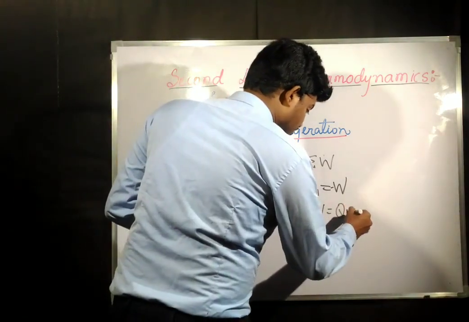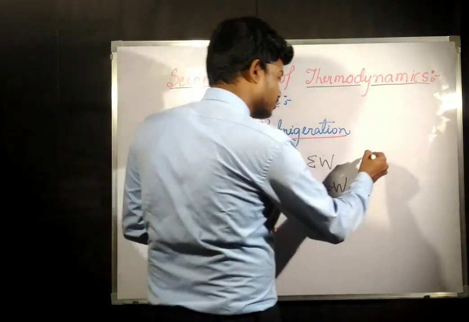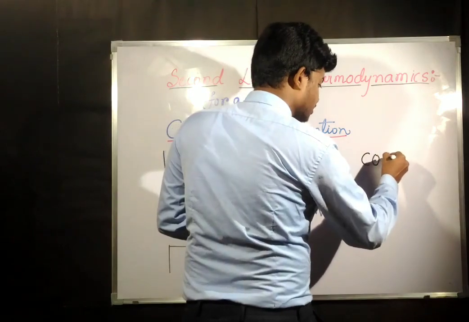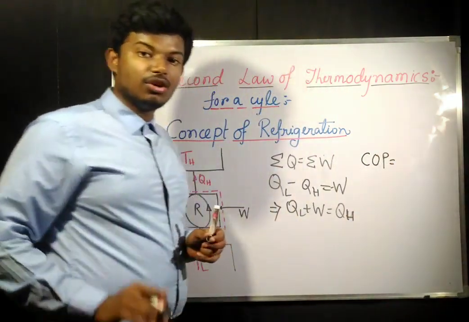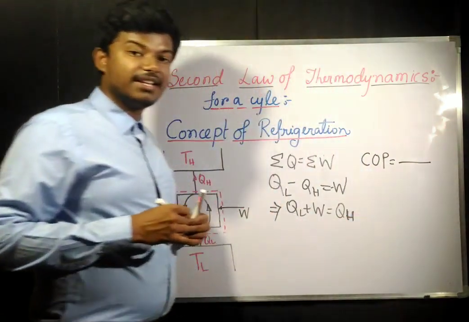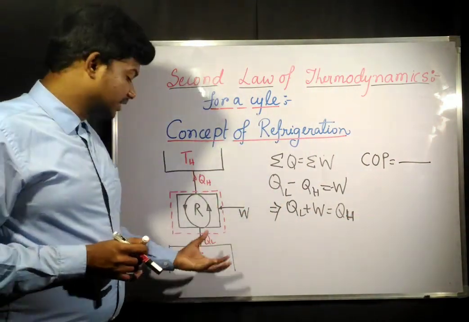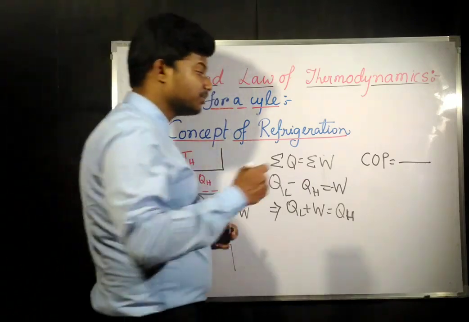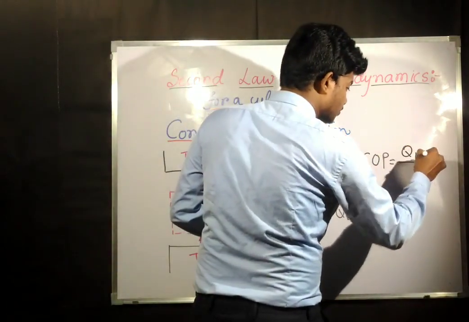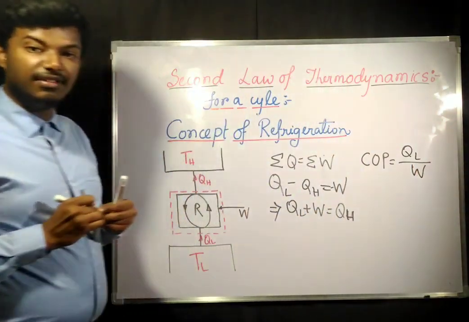Now, in the case of refrigeration there is no efficiency. There is the coefficient of performance, or COP. Coefficient of performance is what? Whatever the required heat, whatever heat you are going to take out, that means QL, divided by whatever work input you are giving.